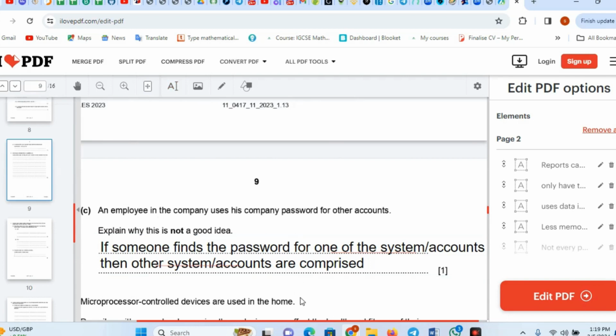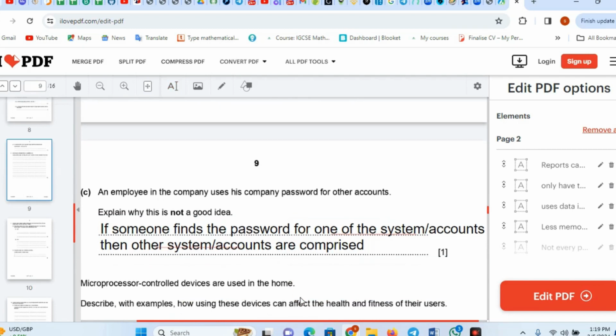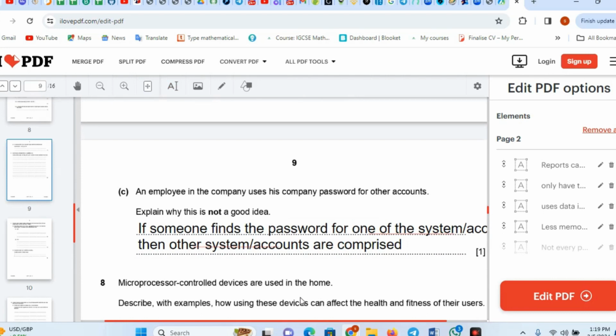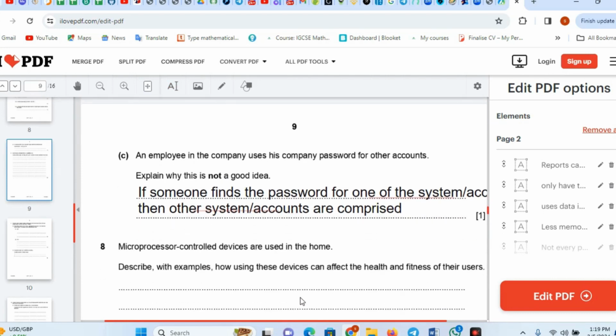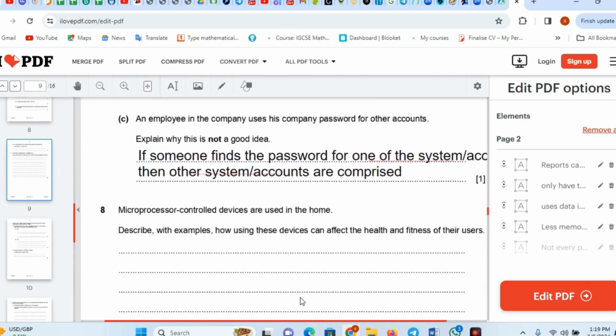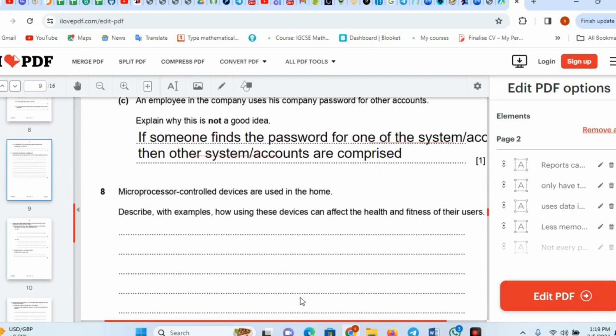All right, let's go on. We are on to what now? Question number 8. Microprocessor control devices are used in the home. Describe with examples how using these devices can affect the health and fitness of their users.